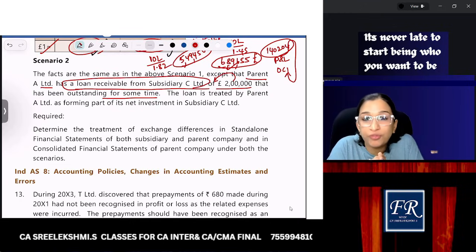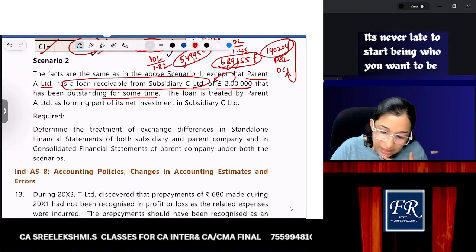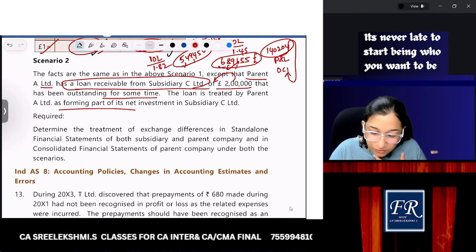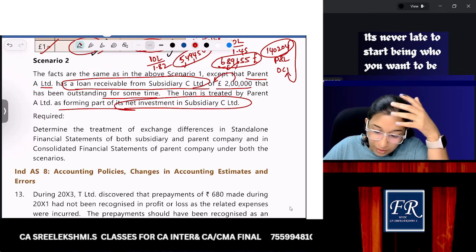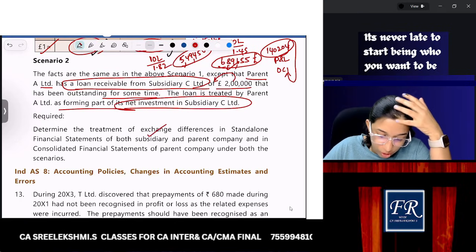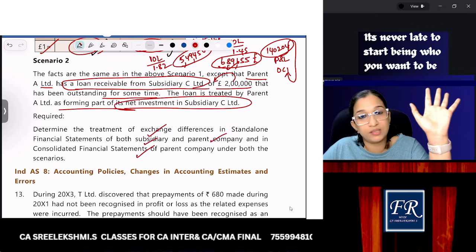What is the currency of the parent? Pound. In what currency have they given? Pound. So there is no foreign currency fluctuation in the books of the parent. The loan is treated by parent A Limited as forming part of its net investment. This is also not expected to be repaid.